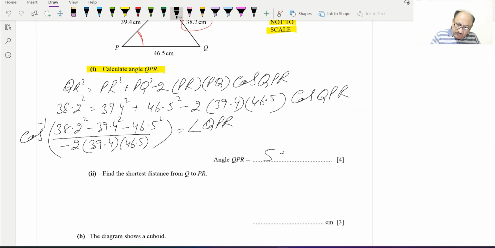So answer will be 52. So this is equal to 52.01, which we can give as this one. 4 mark question which is done.